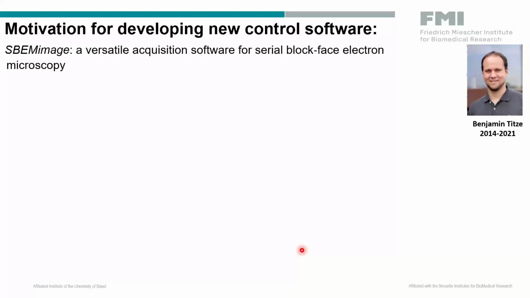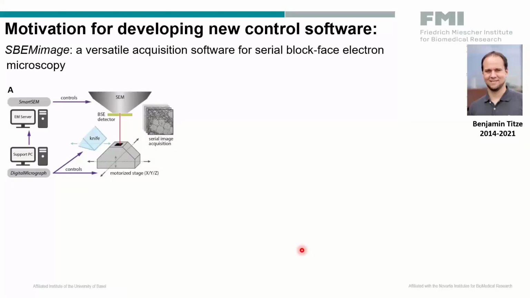Benjamin Titze joined the group of Rainer Friedrich and developed SBEMimage, which is a versatile acquisition software for serial block-face electron microscopy. Typically, in the Gatan configuration, Digital Micrograph is the software that allows the acquisition of images, controls the microtome, and also controls SmartSEM.